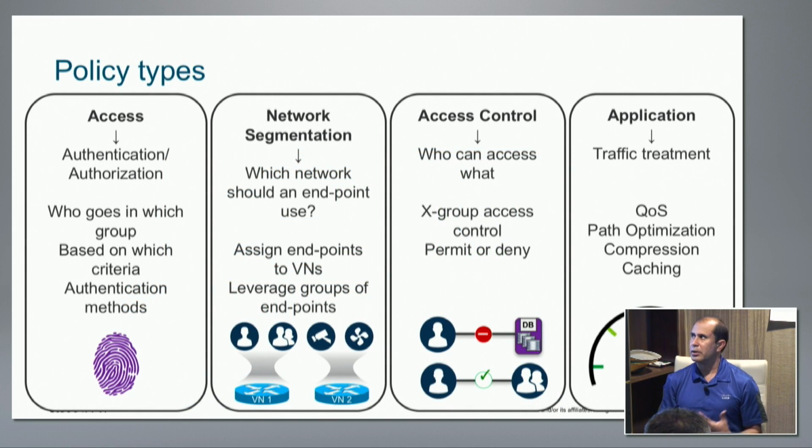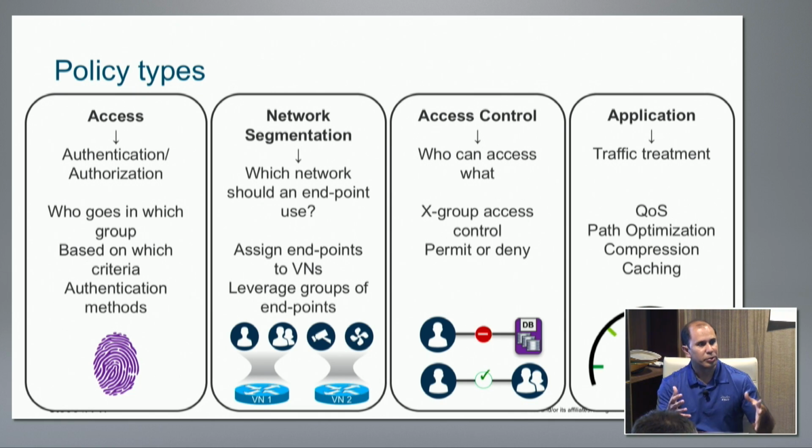So you will find that there are different policy types that we're trying to handle, right? There is an access policy, which defines how you're going to bring elements on board, right? This is what we do in terms of profiling, and you could argue that this is a very domain-specific task, right? You do it in one way in the data center, you do it in a different way in the access network. There's a network segmentation policy that we're going to articulate within DNA Center for software-defined access. You also do it in ACI.